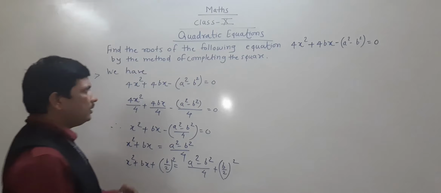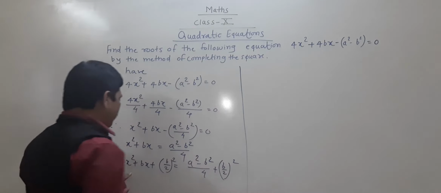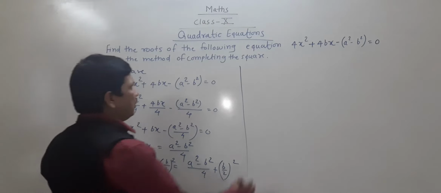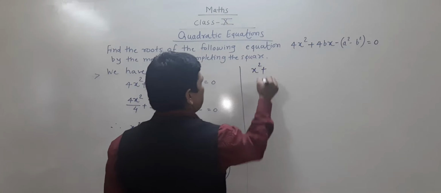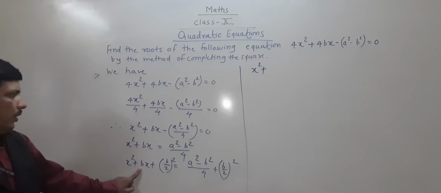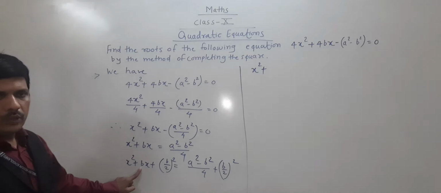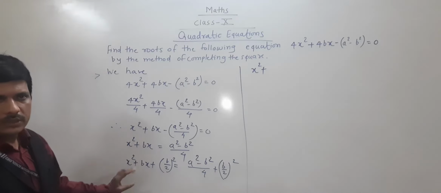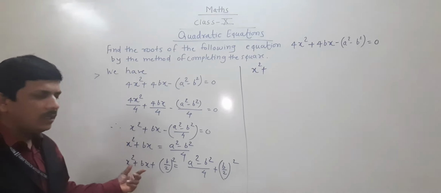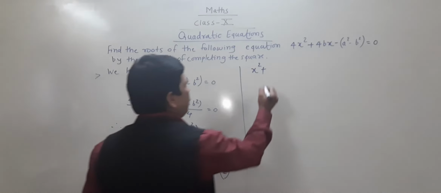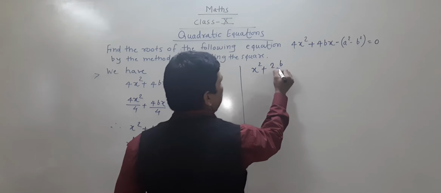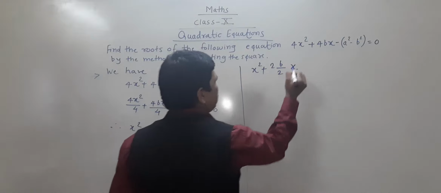Now I am taking this step here. x square as it is, plus, here we multiply by 2 and divide by 2, so the term remains as it is: 2 into b divided by 2 into x.